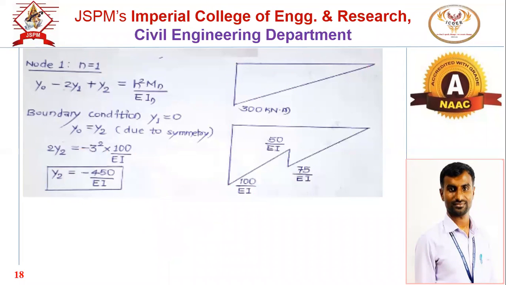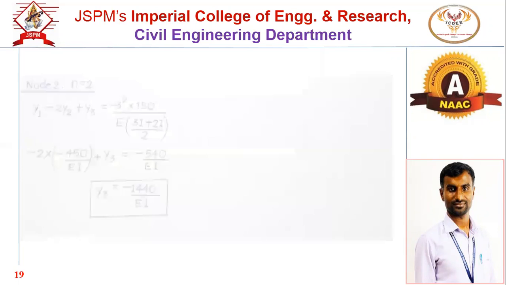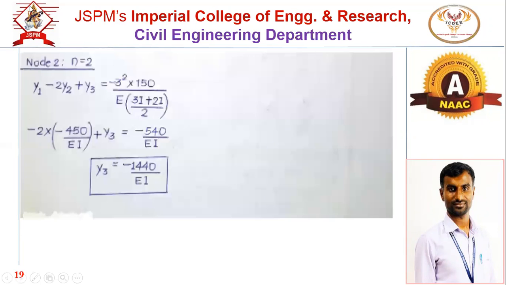Okay. Next, apply the same equation for node number 2. Now here, if you apply the central difference equation for node number 2, the equation will be y1 minus 2y2 plus y3. y1 will be 0, minus 2 into the value of y2 we have just calculated from n is equal to 1, plus y3, and the right hand side will be minus h square, that will be 3 square, M by EI.